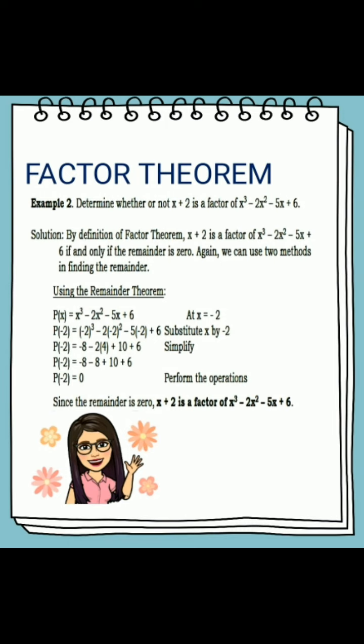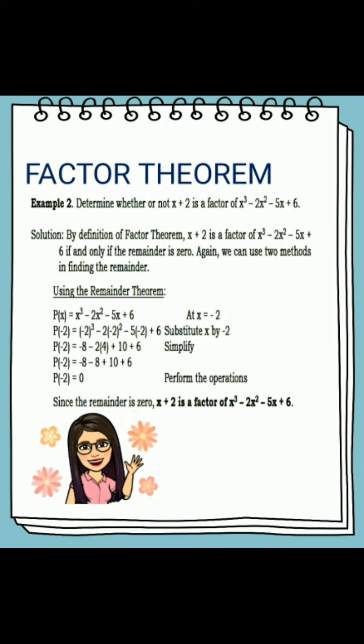Negative 2 raised to 3 is negative 8. Negative 2 squared is positive 4, so positive 4 times negative 2 is negative 8. Negative 5 times negative 2 is positive 10. Then bring down 6. So, we have p of negative 2 is equal to negative 8 minus 8 plus 10 plus 6, so p of negative 2 is equal to 0.